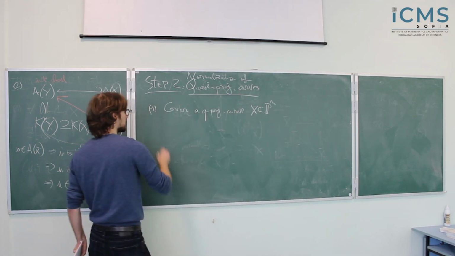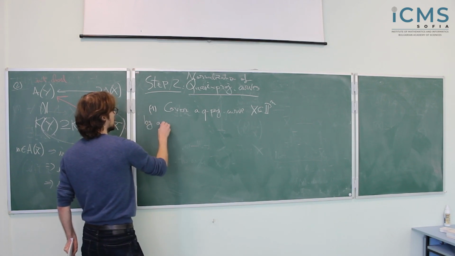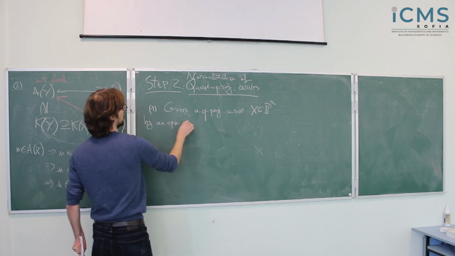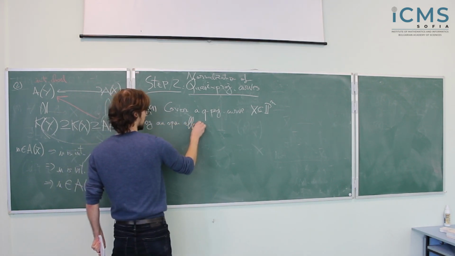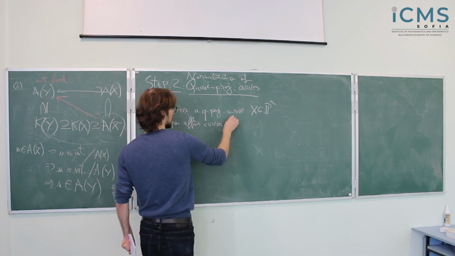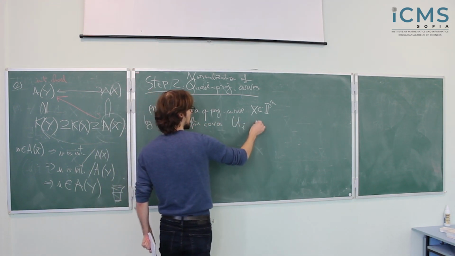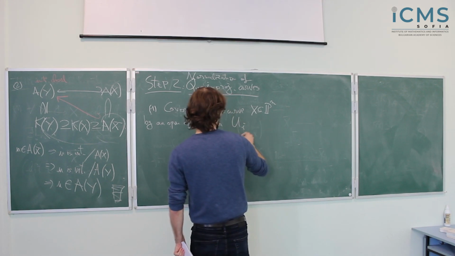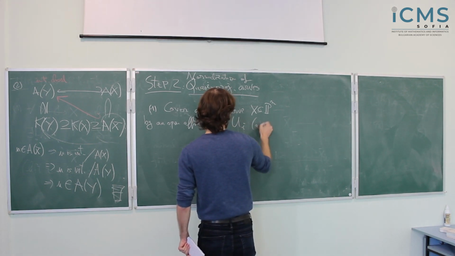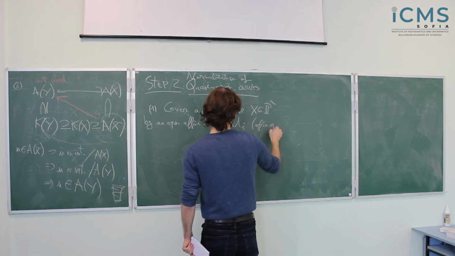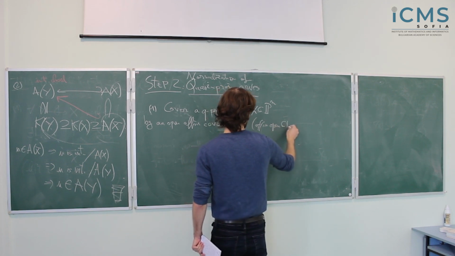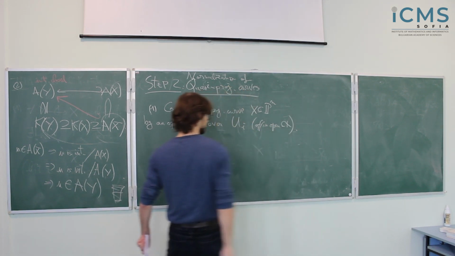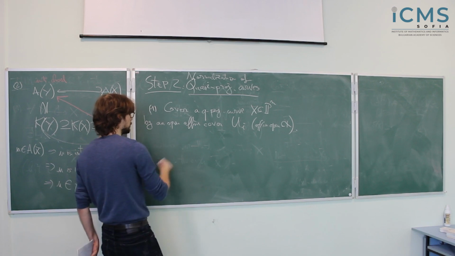Inside P^n, we cover it by an open affine cover, U_i, affine opens inside X. So how do you do that?